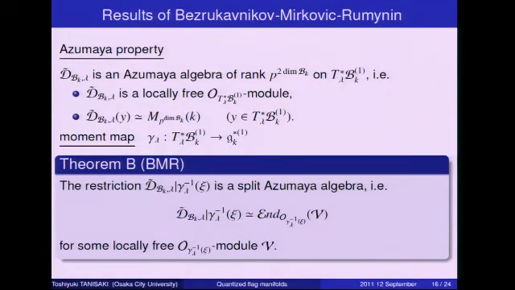And using this, we have a kind of Morita equivalence between the category of D modules supported on this variety and O modules of this variety.